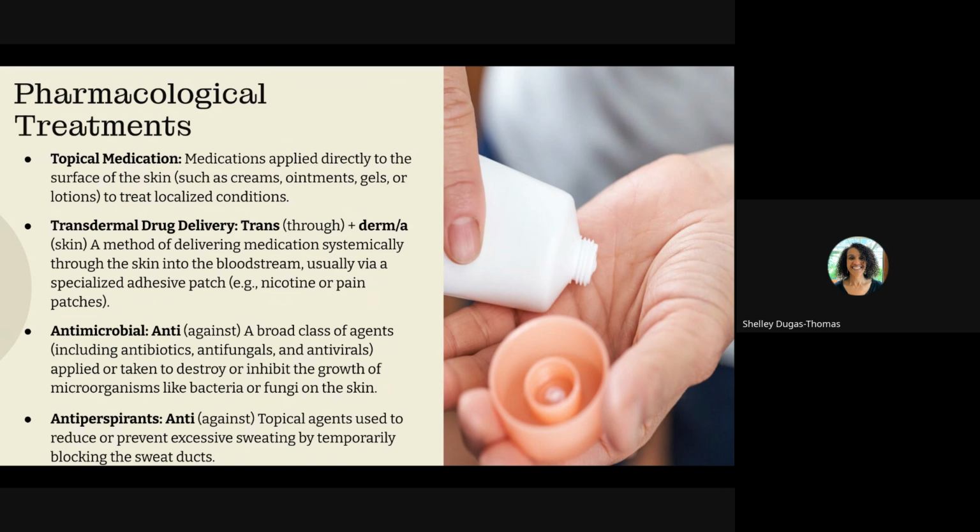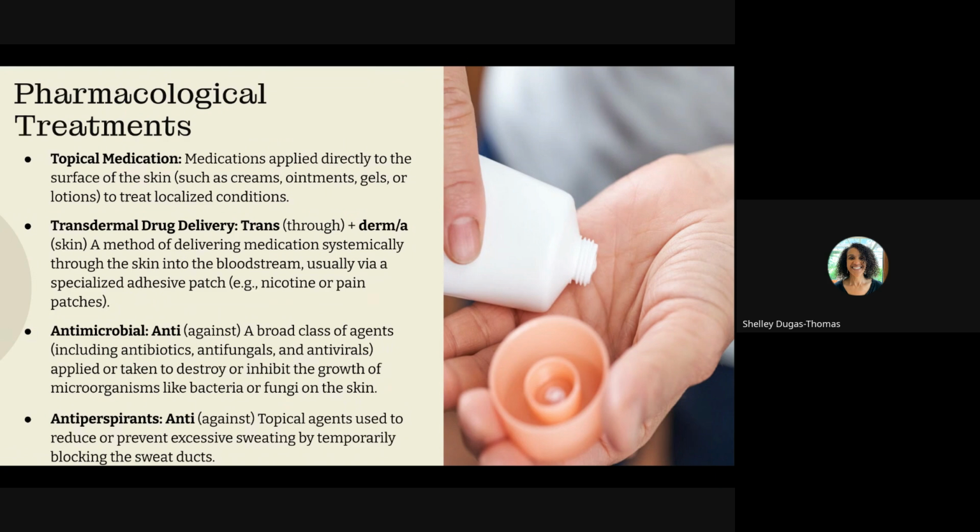So some pharmacological treatments: topical medications are applied directly to the surface of the skin for a local effect. For example, putting hydrocortisone cream right on an itchy rash. Transdermal drug delivery, trans meaning through and derma meaning skin, is applied via adhesive skin patch, but intended for systemic absorption into the bloodstream.